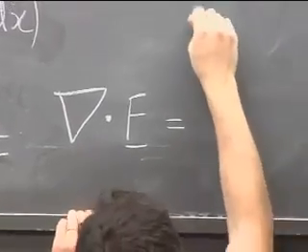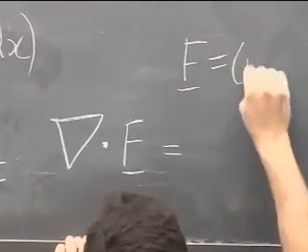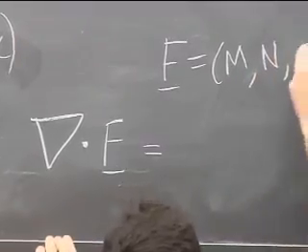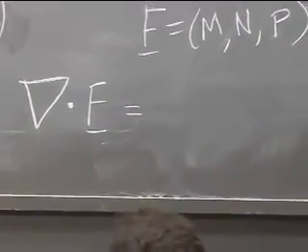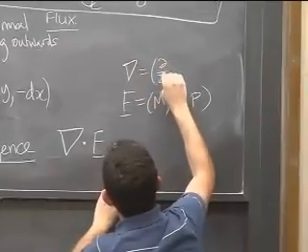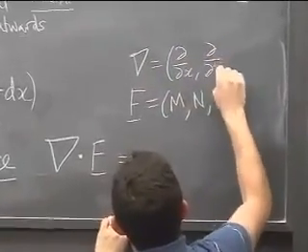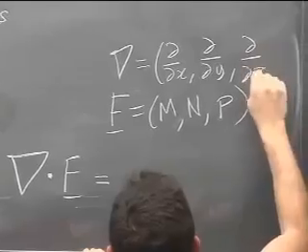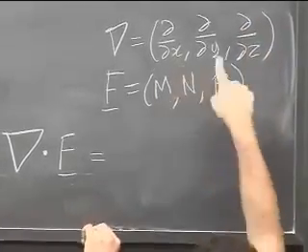suppose that f is the vector M, N, P. The divergence says you dot product this del symbol, which we're thinking of as the vector d/dx, d/dy, d/dz, with this.